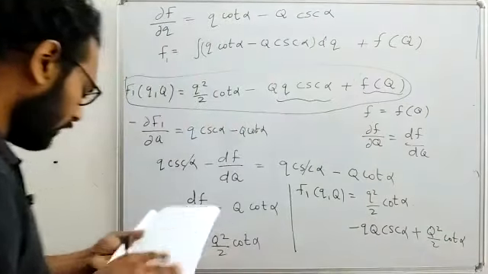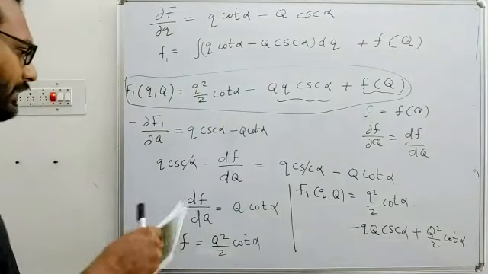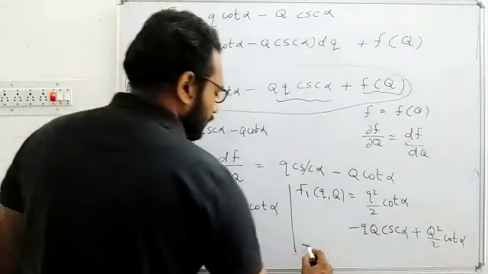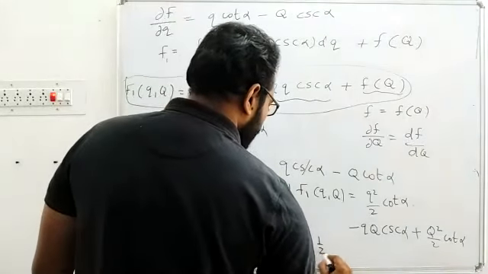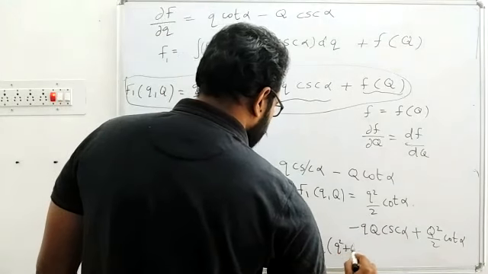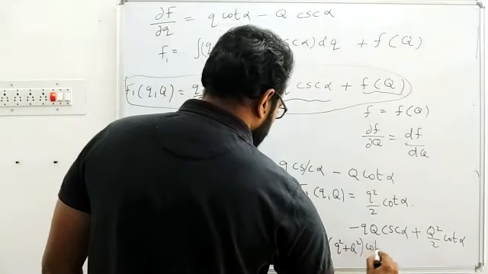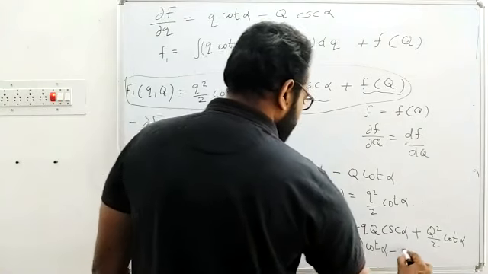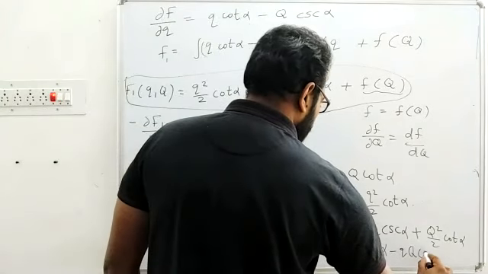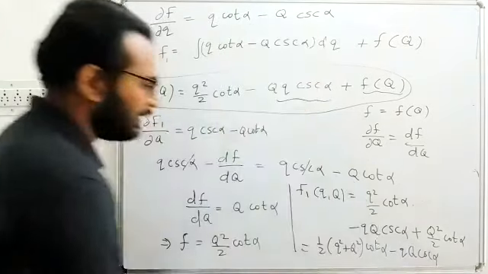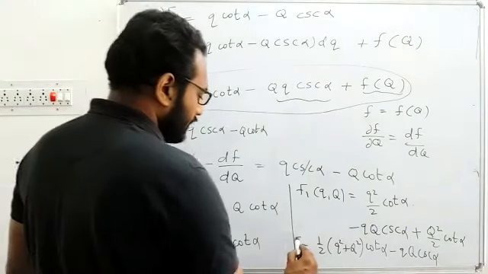Now we can combine this term: half (q square plus capital Q square) cot alpha minus q Q cosecant alpha. So that's the generating function.